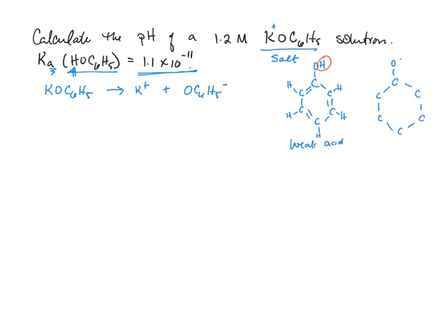So this guy right here is actually a fairly significant weak base. Okay, it is a pretty good proton acceptor. I put that minus there because after I take off the H plus, it's negatively charged. So the acid is called phenol, and then we lose its hydrogen and it becomes this conjugate base, and now I have a salt containing it.